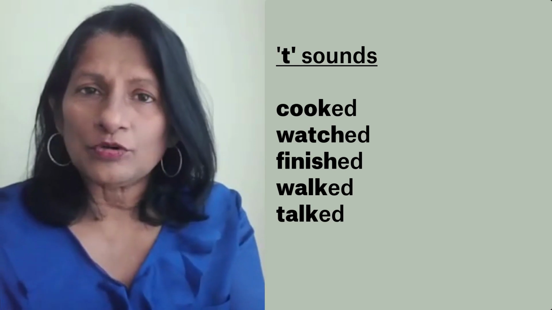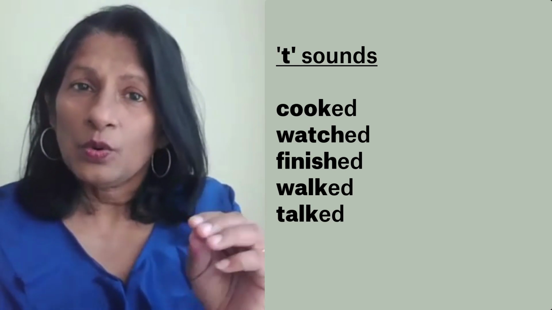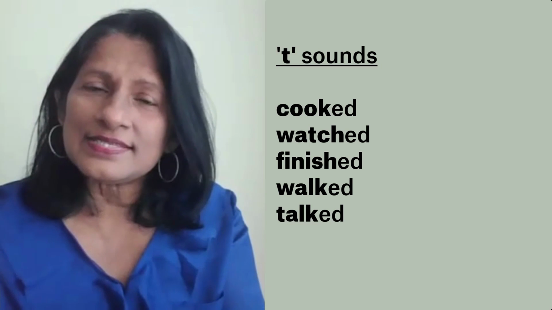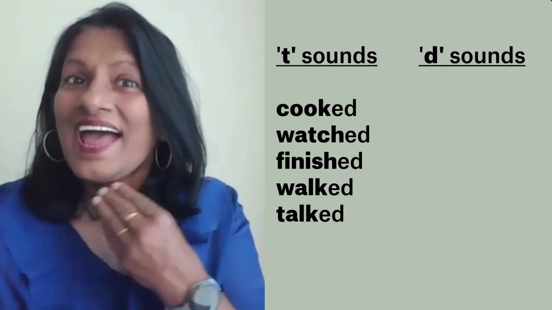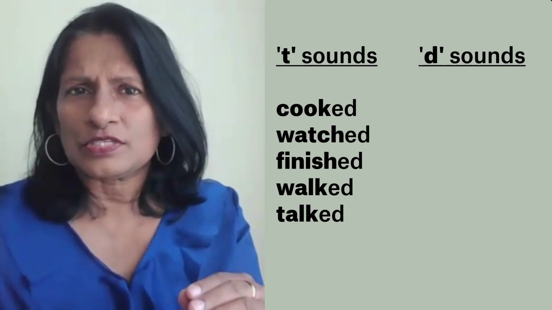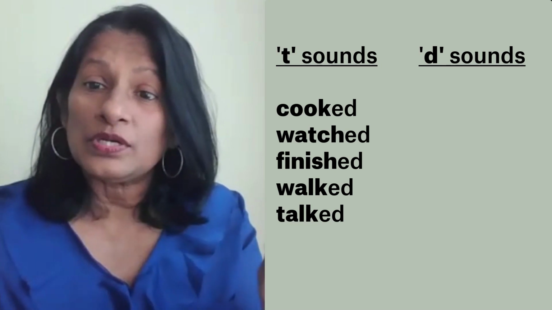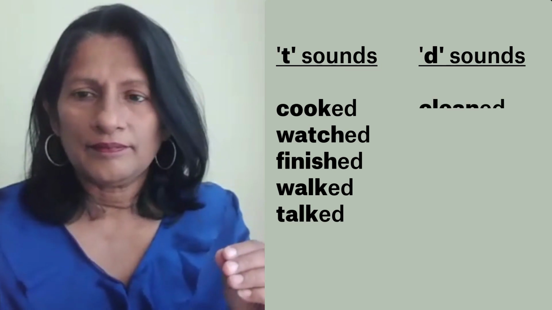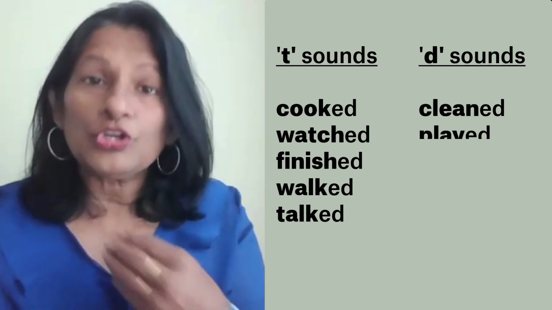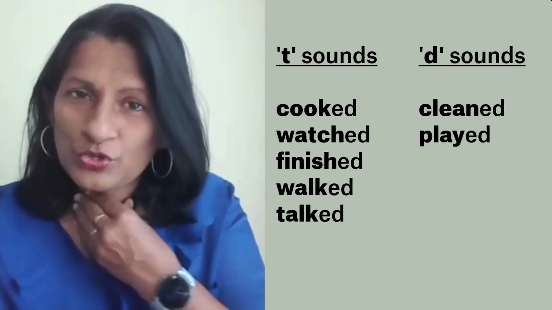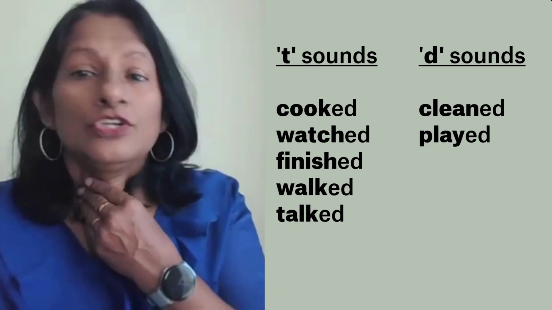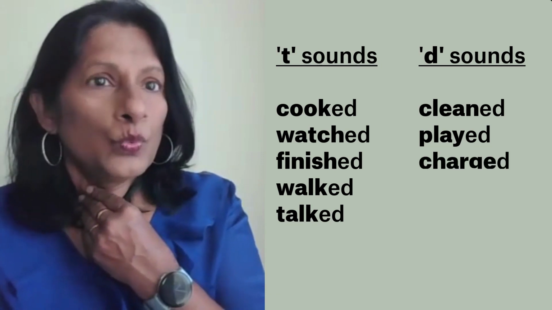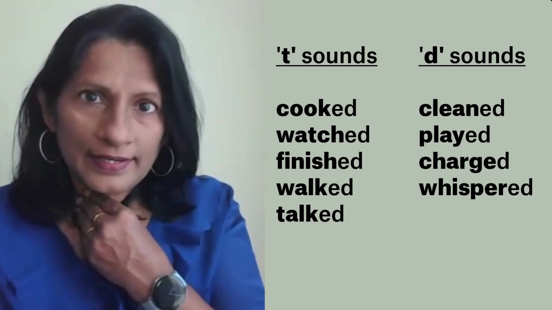Likewise, the d sound, when you say these basic verbs in the d sound, there is a vibration in your vocal cords. And so they're called voiced sounds. Let us say the basic words. Clean, play. You can hold your voice box and you will see the difference. Charge, whisper, lie.